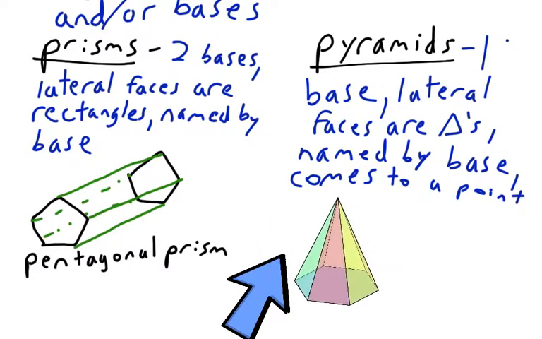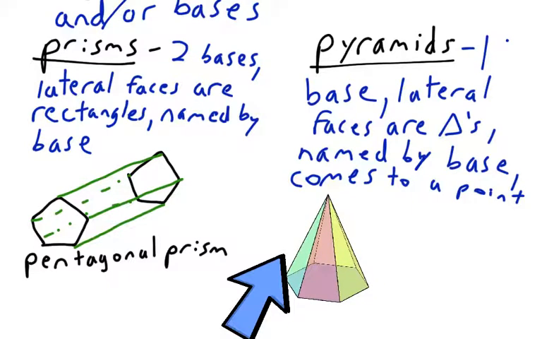Alright, let's try drawing one right now. And maybe we'll start a little easier. We'll just draw a square pyramid. So just draw a square. And then up from that square, I'm going to put a point. And then on that point, I'm going to connect it to each of the vertices. So connect it there, there, and there.